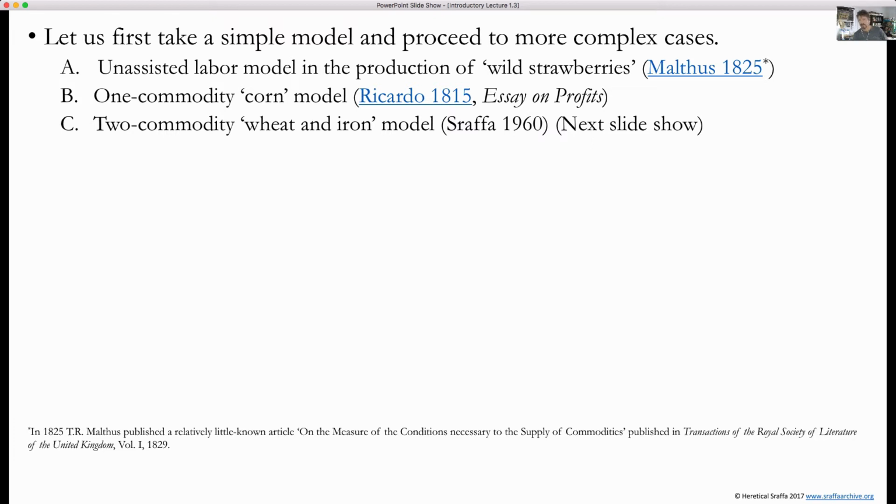It's here at the bottom of the screen. It's called "On the Measure of the Conditions Necessary to the Supply of Commodities." It was published in the Transactions of the Royal Society of Literature of the United Kingdom in 1829, which had many different entries, not all economic entries, but in any event, I have my copy of it here.